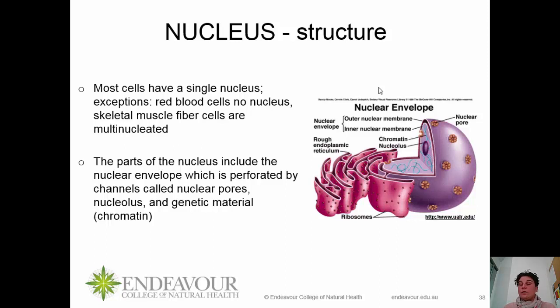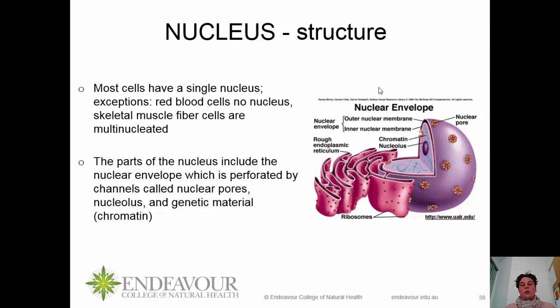Most of the cells, though, have one nucleus, and the nucleus itself is almost like a ball. It's a pretty big ball inside the cell, okay? In some cells it takes up most of the cell, in some cells about a third of the cell, but it's still a pretty big ball for a cell to have. Why such a big ball?